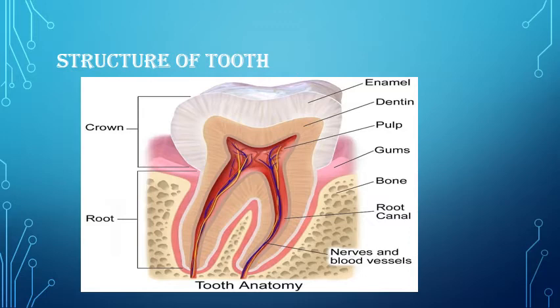Now next thing, the crown is covered with a hard layer, that is called enamel, and enamel is the hardest substance of the tooth, or we can say a strong outermost coating of the tooth.